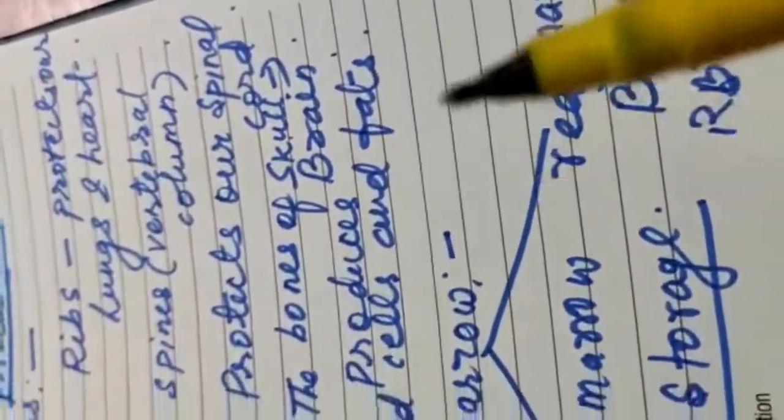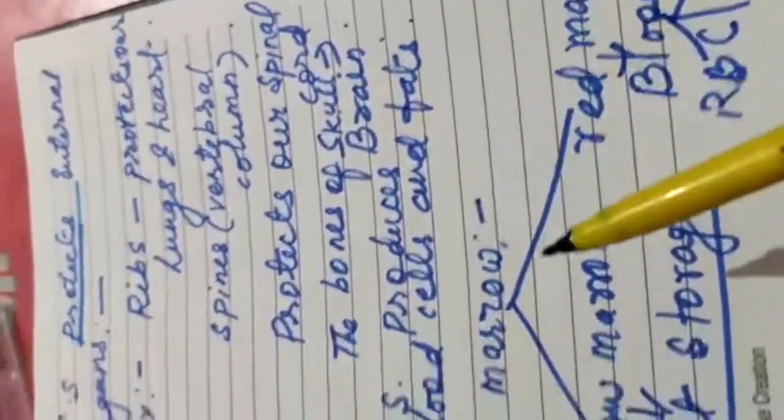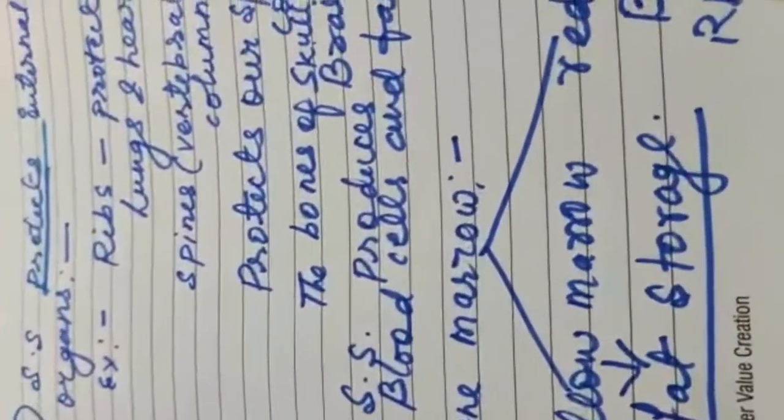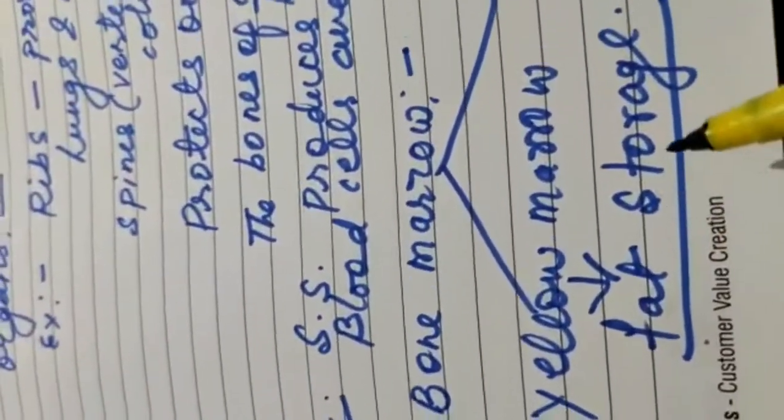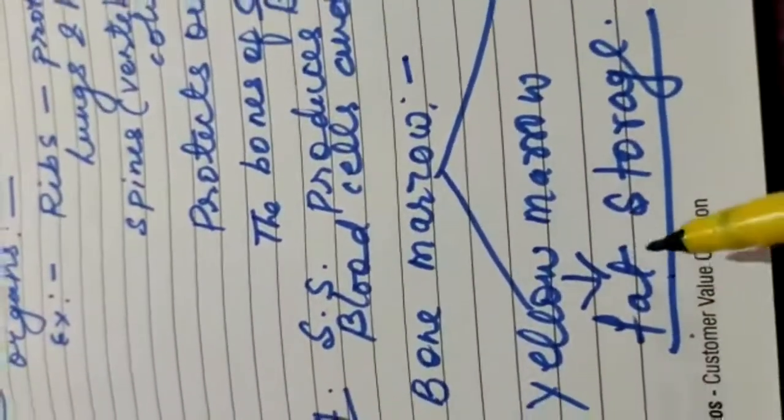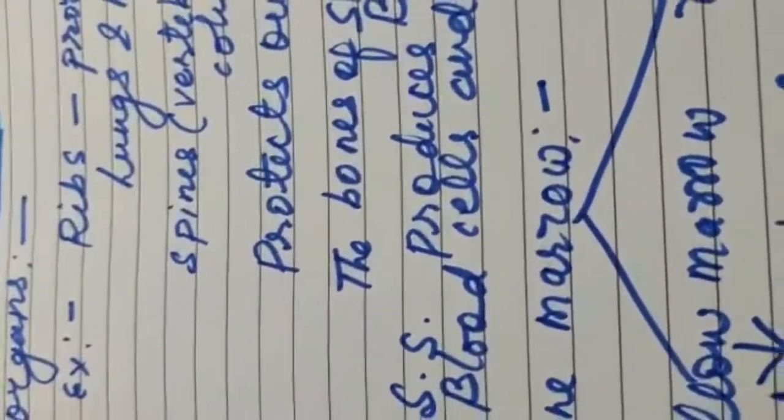Bone marrow is divided into yellow marrow and red marrow. Yellow marrow helps in storage and synthesis of fats, and red marrow helps to manufacture blood cells in three forms: RBC, WBC, and platelets.